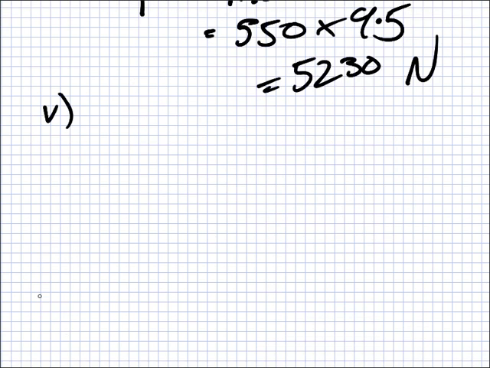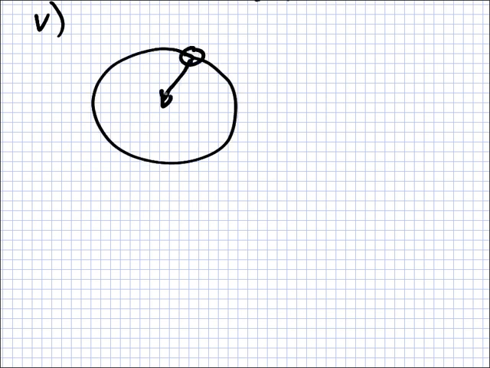Right, why is there no work done? It's because, if you think about it, it's moving in a circle like this. The force is in this direction, and the displacement is in this direction.